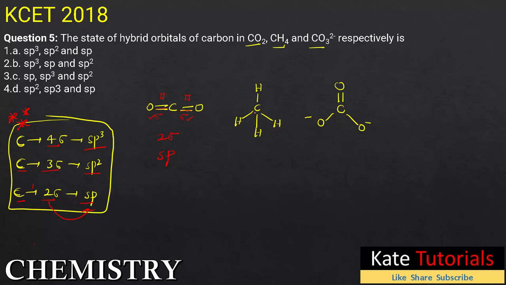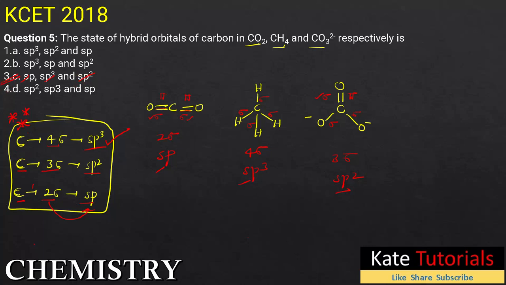In methane, 1 sigma bond, 2, 3 and 4 sigma bonds. 4 sigma bonds means what is the hybridization? sp3. See, in this carbon, this is a sigma bond and this is a pi bond. So 1 sigma bond, here 1 sigma bond and 1 sigma bond. So total 3 sigma bonds. So its hybridization is what? sp2. So if we go through the options, sp, sp3, sp2, so C is the option.